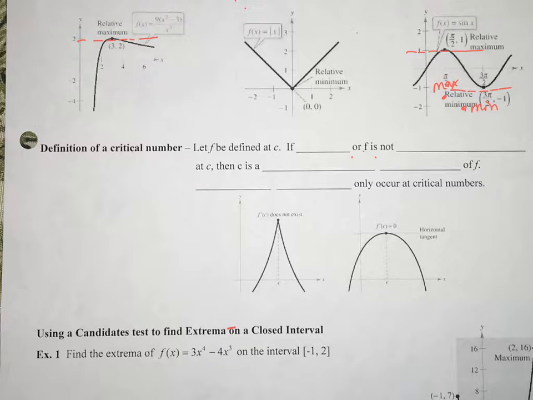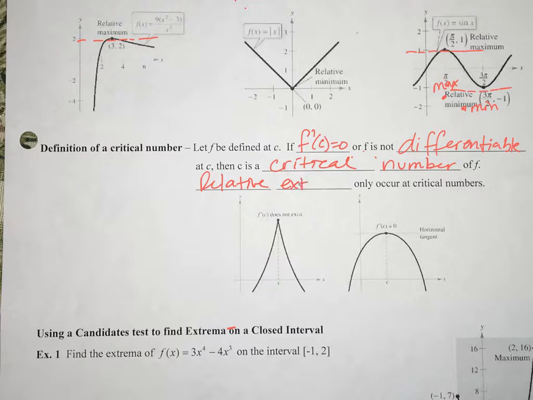If f prime of c equals 0, or if f is not differentiable at c, then c is what we call a critical number of the function f. Relative extrema, so a relative max or a relative min, only occur at critical numbers.